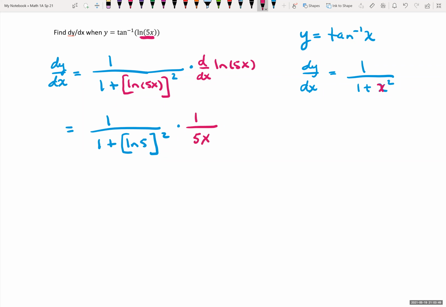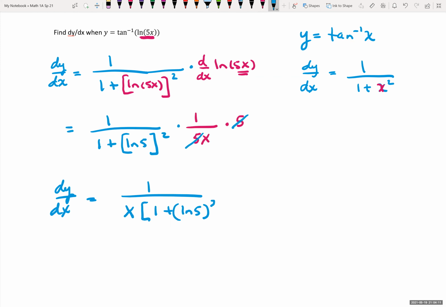We have to apply that chain rule, so the derivative of 5x is times 5. So notice the 5's cancel, and we get dy/dx is equal to 1 all over, I can pull that x out front, x times the quantity 1 plus the natural log of 5x quantity squared.